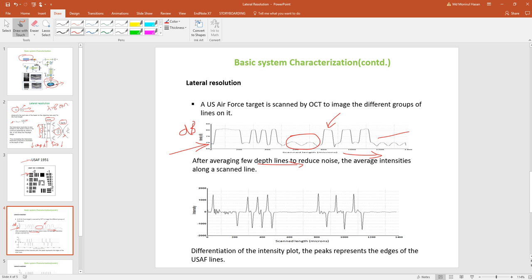If this is a vector, then we subtract along the x-axis, say b(1 to n-1) minus b(2 to n). Then we will find the sharp edge, how sharp the edge is.